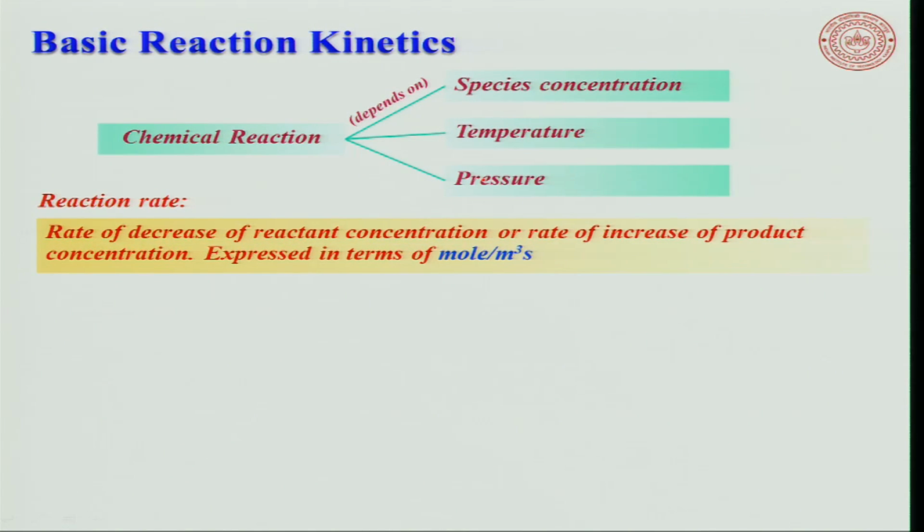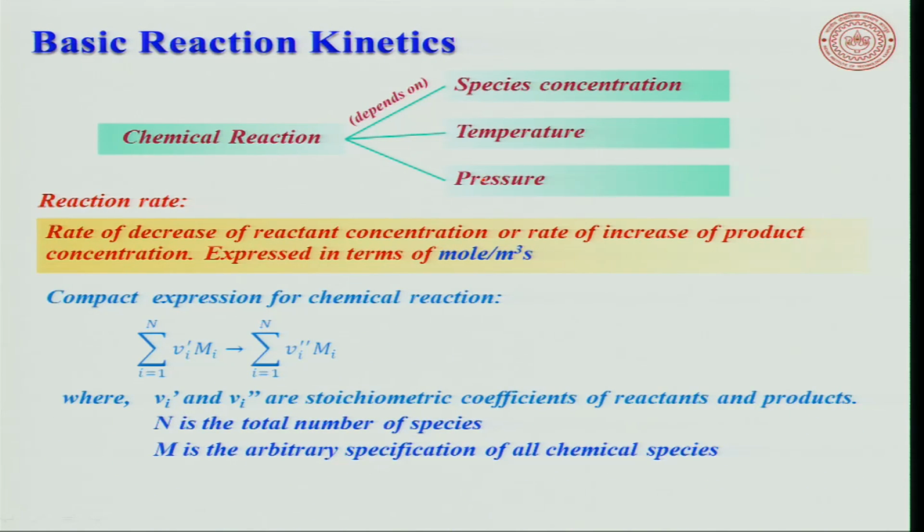If you look at reaction rate, it is basically the rate of decrease of reactant concentration or the rate of increase of product concentration. Generally, it is expressed in terms of mole per meter cube second, but in some cases we will be looking at kg per meter cube second, how much mass is being consumed per unit volume. So, if I look at a compact expression of chemical reactions, it is like the summation of v_i' M_i going to the summation of v_i'' M_i.